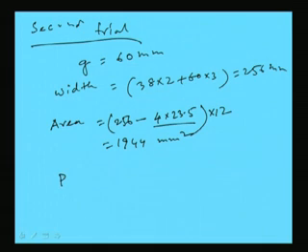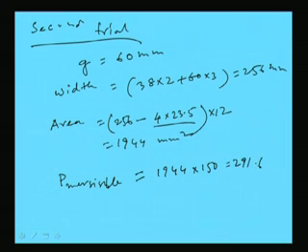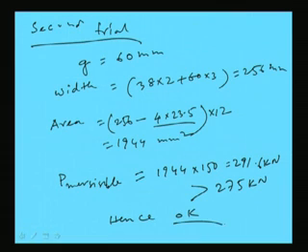So, permissible load will become 1944 millimeter square into 150, that is coming 291.6 kilonewton, which is greater than the applied load 275 kilonewton. So, we can say this is okay.